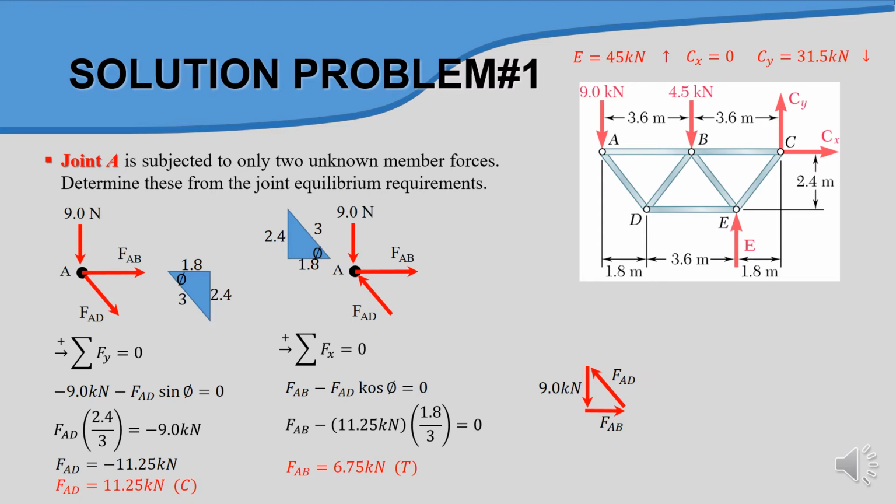So the forces acting on point A point out of point A. So the force FAB is to the right, and we have the force FAD in the downward direction.